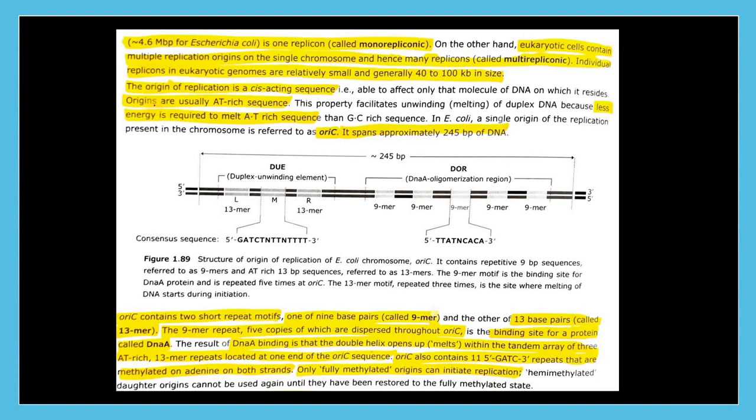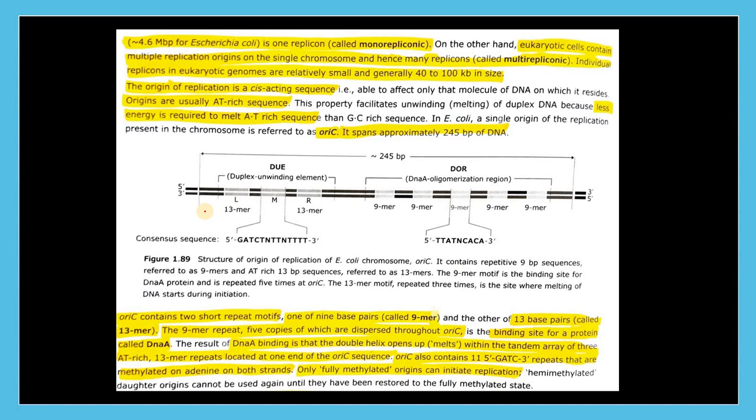Origins are usually AT rich. Why they are AT rich is because AT bonds are easier to break down. They can be easily broken because there are just two hydrogen bonds in between. This property facilitates the unwinding or melting of the duplex DNA. So here you can see, let's say this is your ORI somewhere, a replicon here.